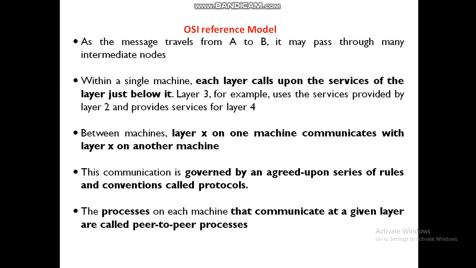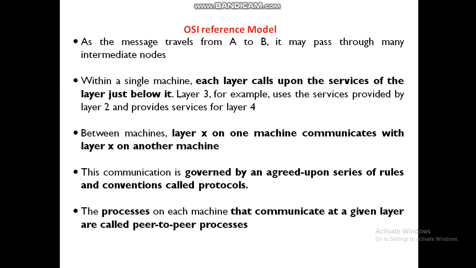Within a single machine, each layer calls upon the services below it. That means layer number 3, for example, uses the services provided by layer 2 and provides services for layer 4. It receives services from the lower layer and provides services to its upper layer.